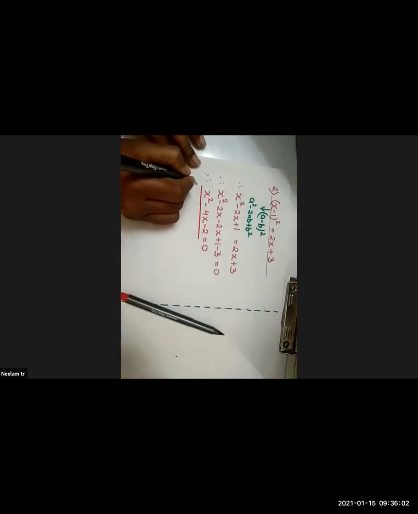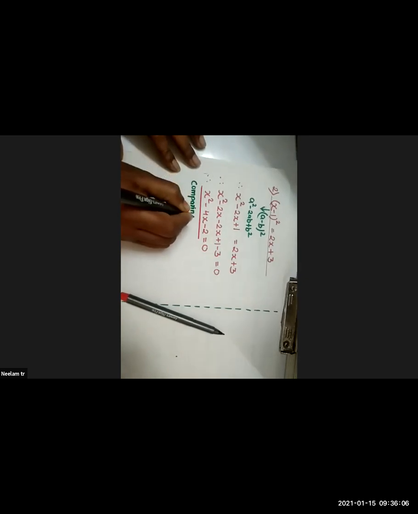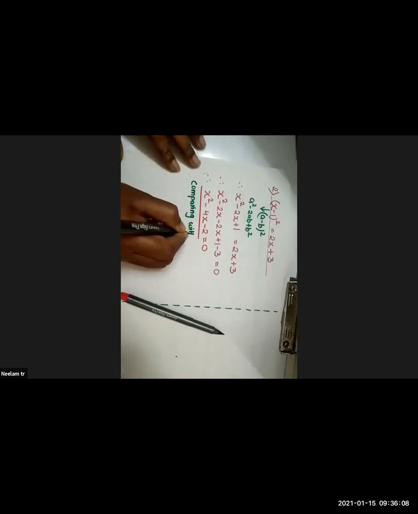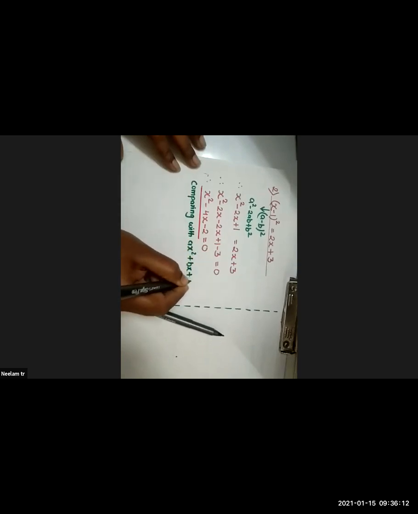Now, comparing with ax square plus bx plus c is equal to 0, I got the value of a. The value of a is 1, the value of b is minus 4, the value of c is minus 2.